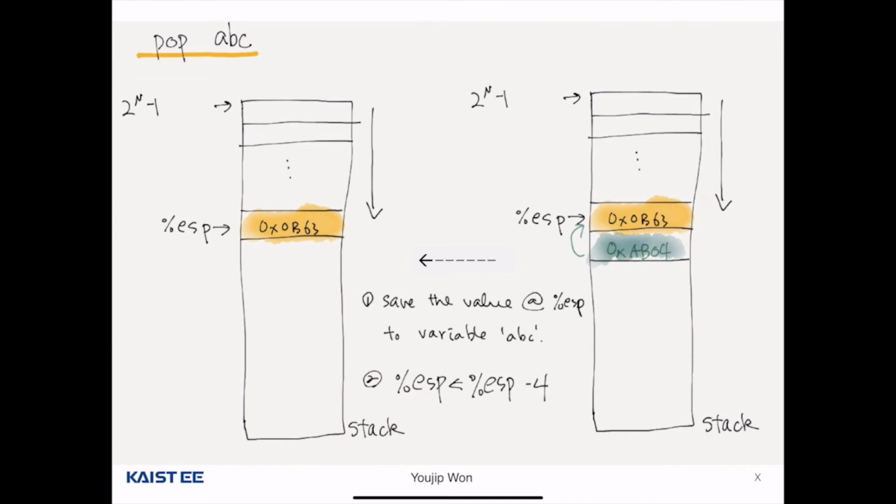It retrieves the value pointed by the ESP pointer and saves it to the location pointed by ABC. And then it adjusts the stack pointer by 4 bytes. That is pop. So push and pop are the two basic operations on a stack.